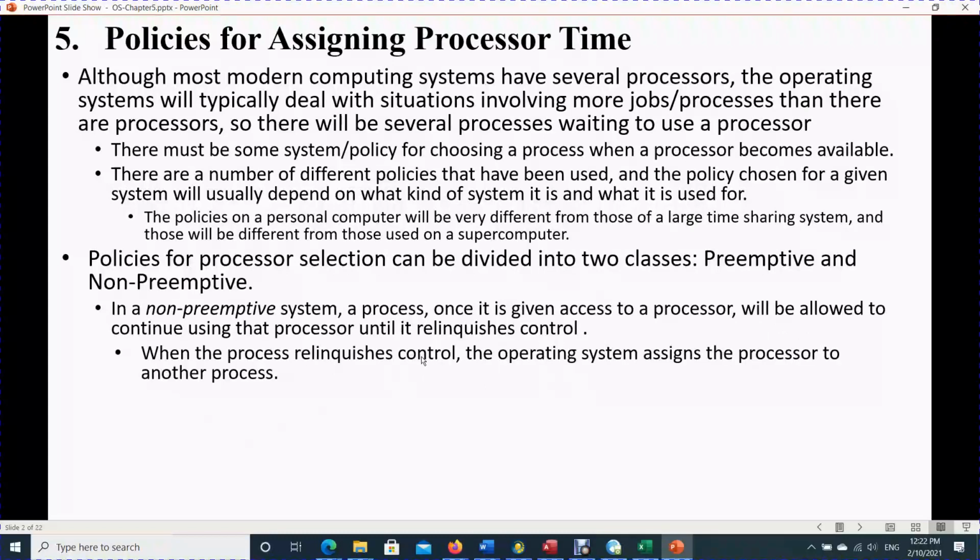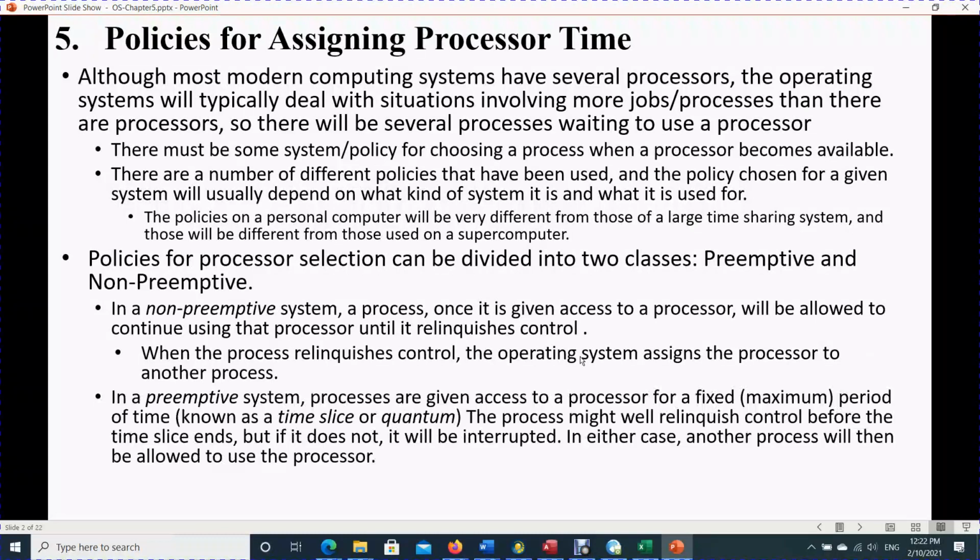It might be relinquished for several reasons. It might just be done. It might encounter an input-output operation. Once the process relinquishes control, then the operating system selects another process and assigns the processor to that.